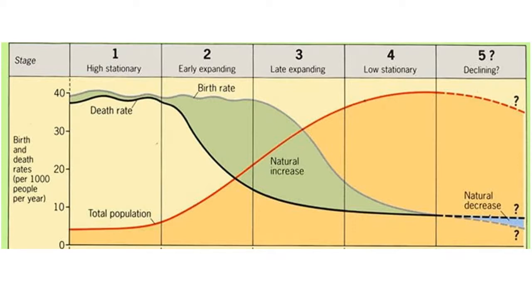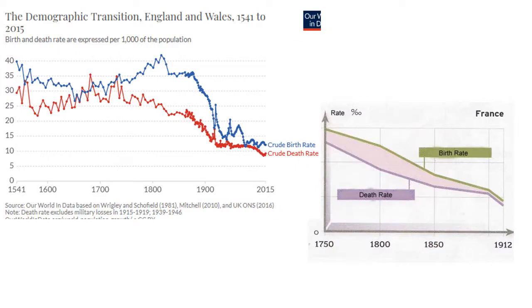So that's theory. In practice, what is remarkable is that, as you can see on the graph on the left, what happened in Britain was that not only did the death rate start to fall from the end of the 18th century, you can see the line in red, but it was combined with an increase in the birth rate.